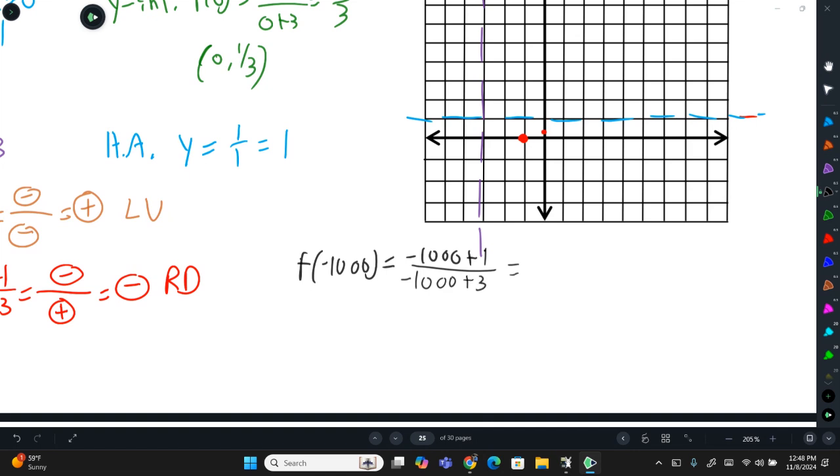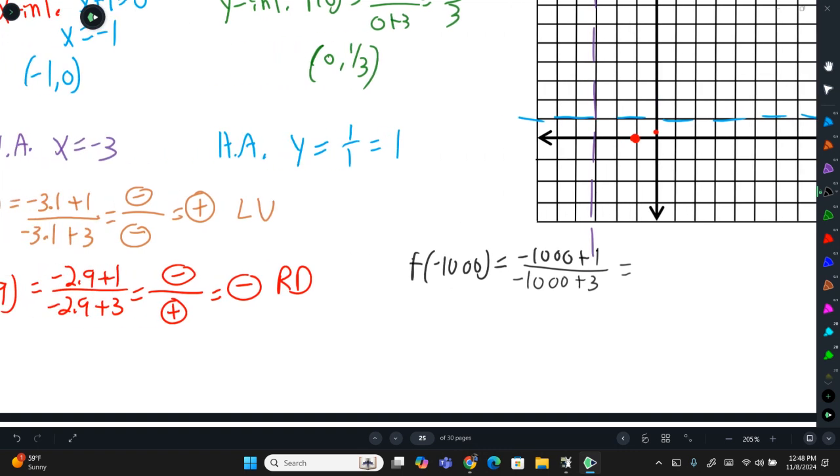Like we talked about the other day, we want to type this into our calculator, and I'm doing that off screen here. So negative 1,000 plus 1, enter, and then negative 1,000 plus 3. And when you divide those, you are going to get 1.002.